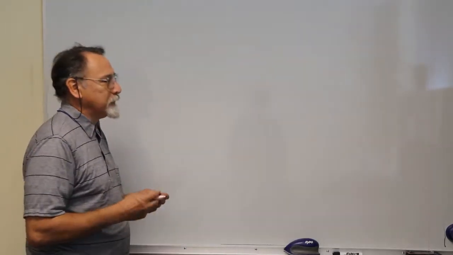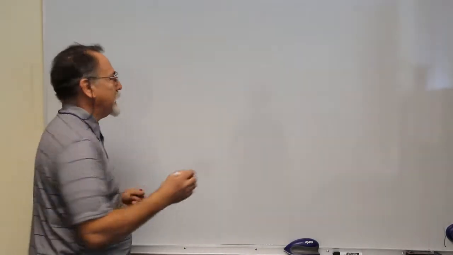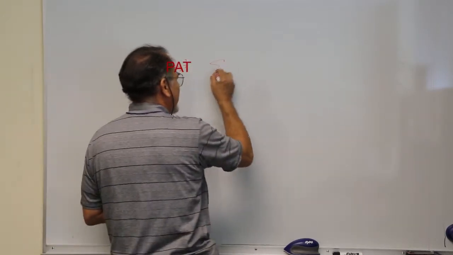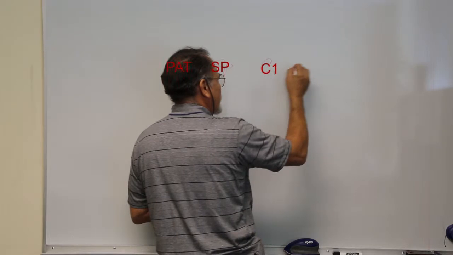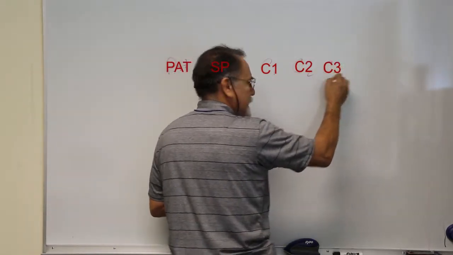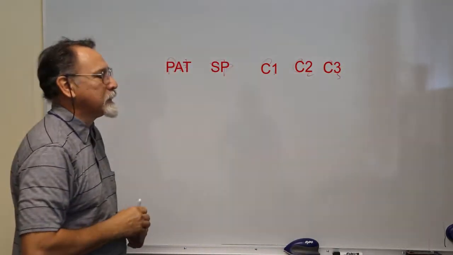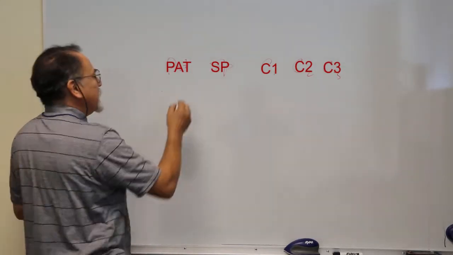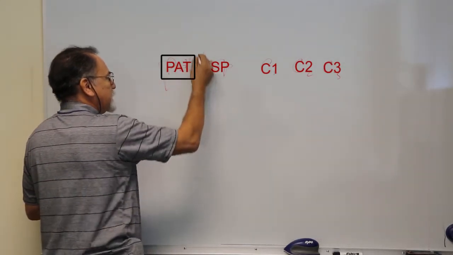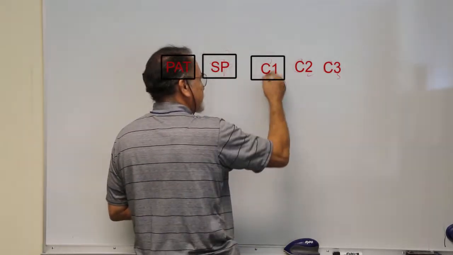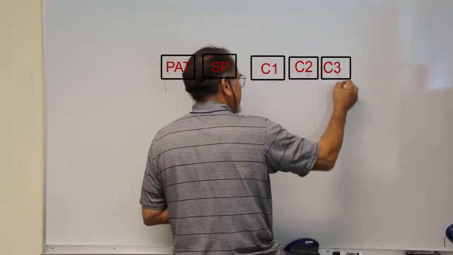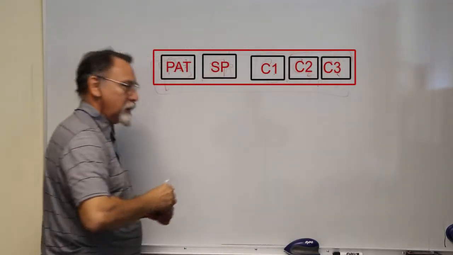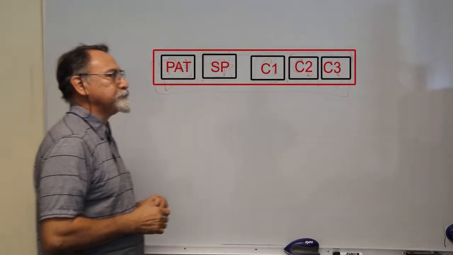For example, let's go back to that doctor-patient scenario. So you have the patient, you have the spouse, you have child 1, child 2, and child 3. Now, each of these individuals is supposed to be separate, but yet this is a whole unit.